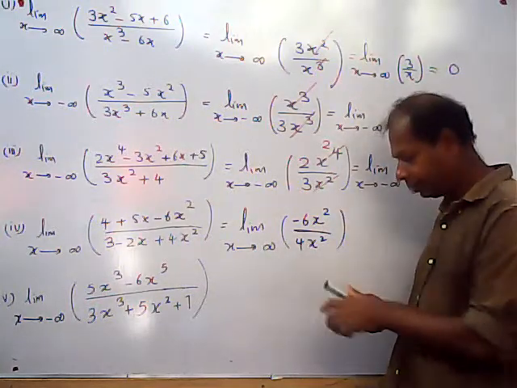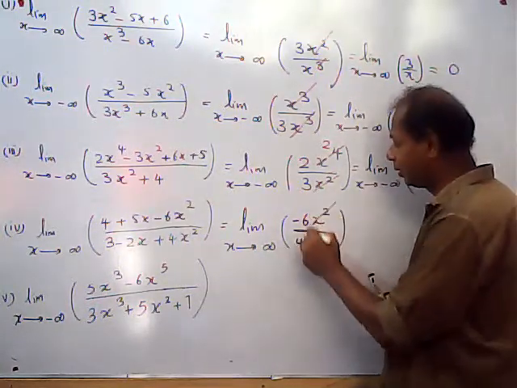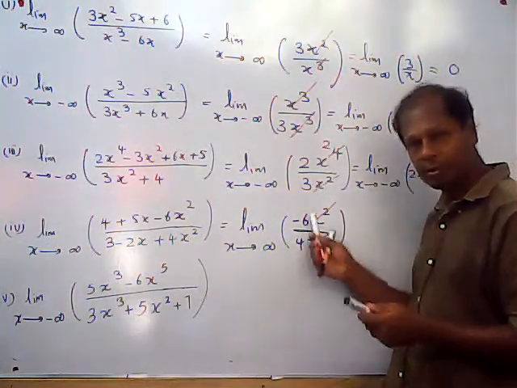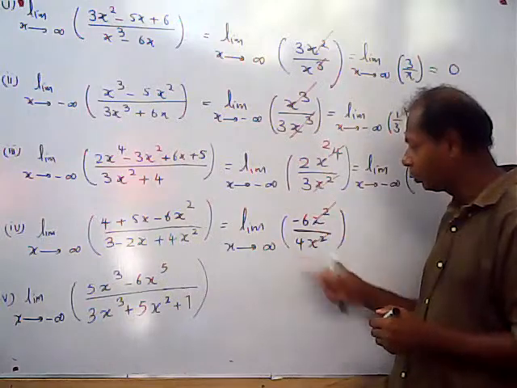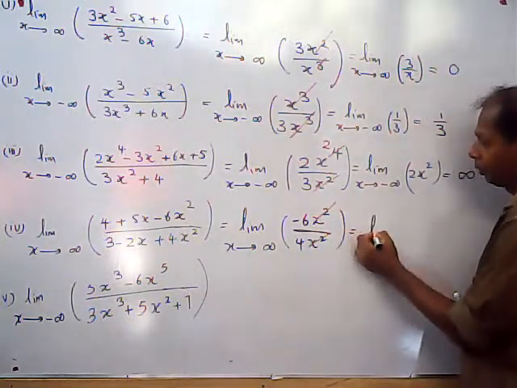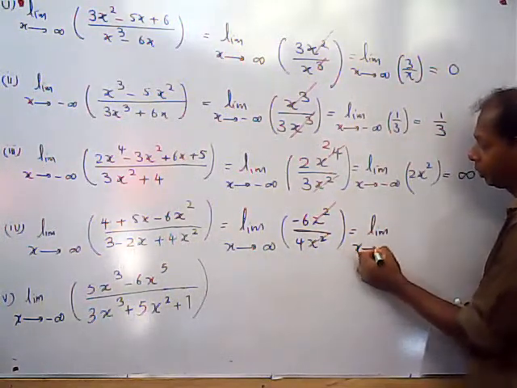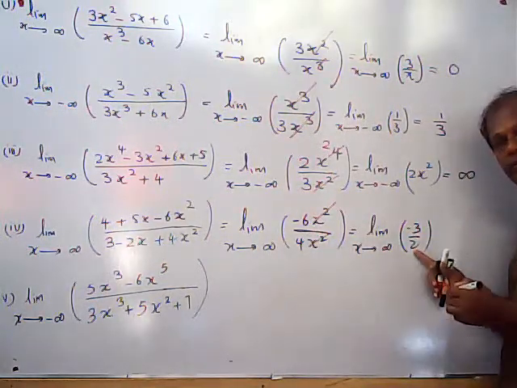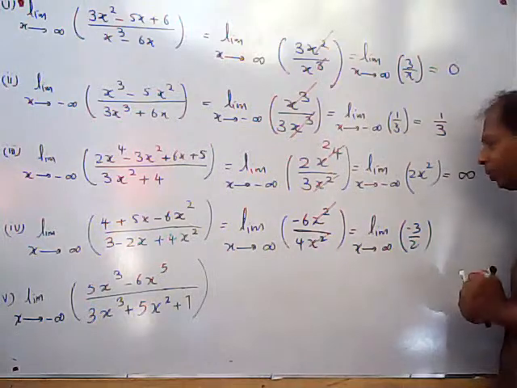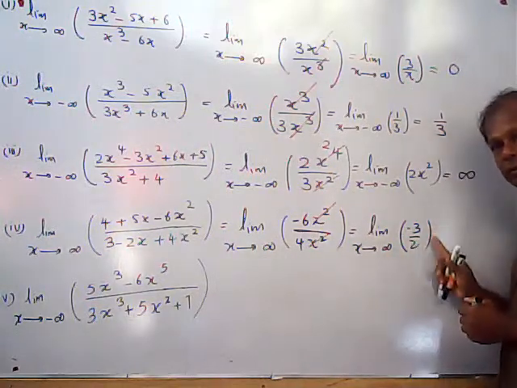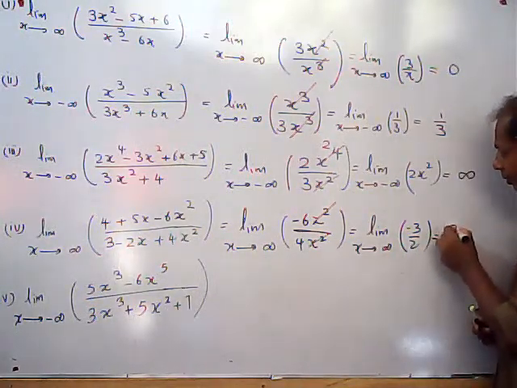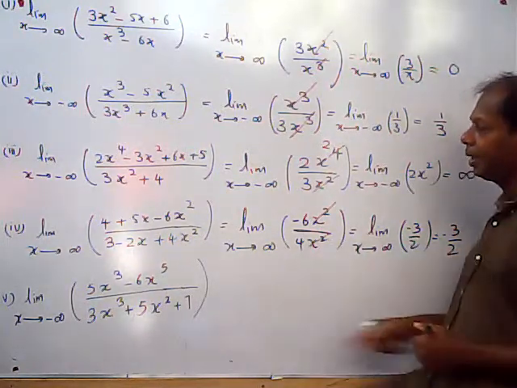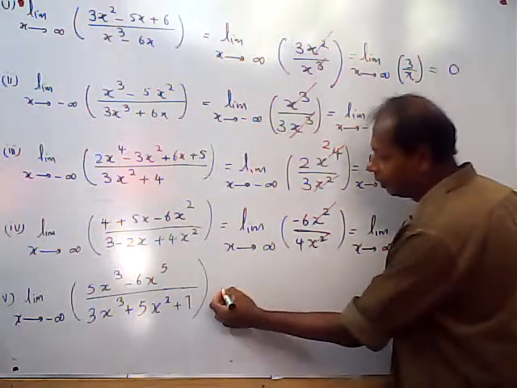Still the x squared terms get cancelled, leaving minus 6 over 4. So you can simplify it, minus 3 over 2. Limit as x goes to infinity, that will be minus 3 over 2. Again, it's a fixed value. So wherever x goes, it will remain at minus 3 over 2. So that's the limit, right?